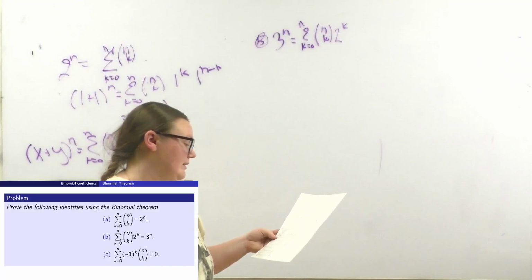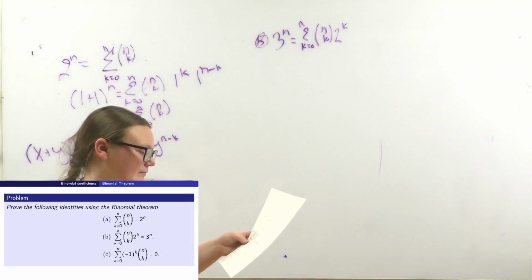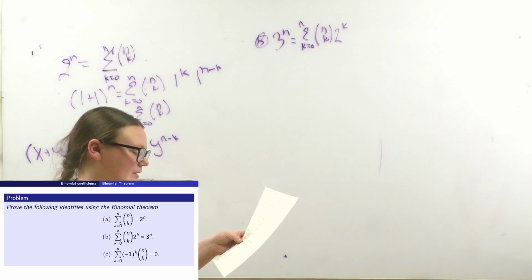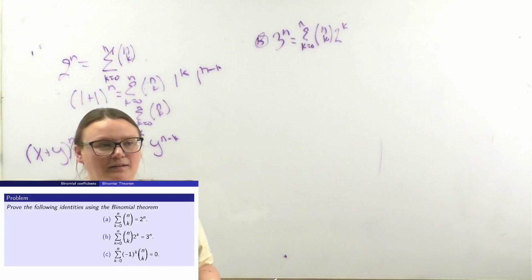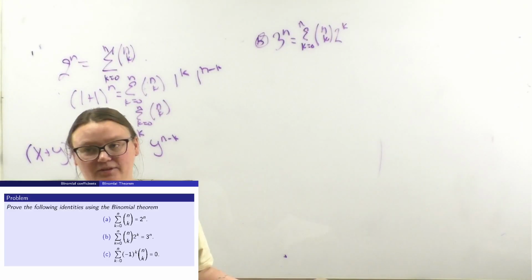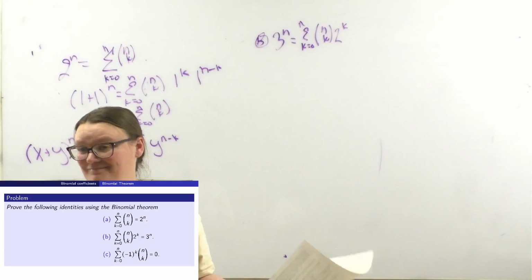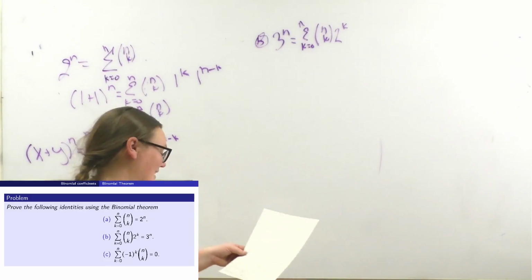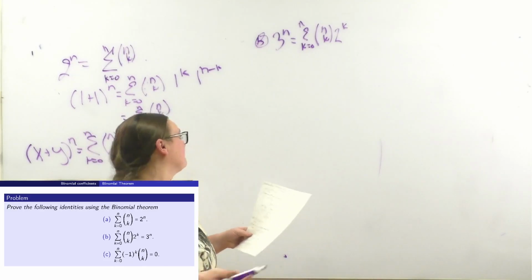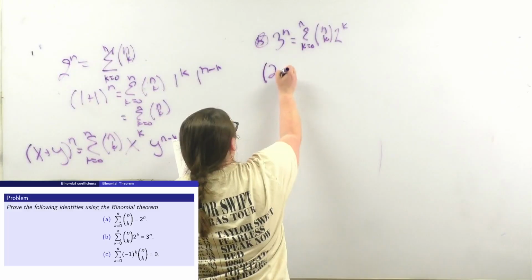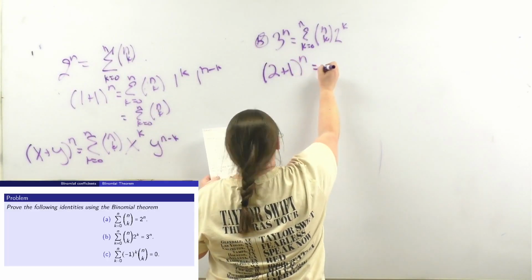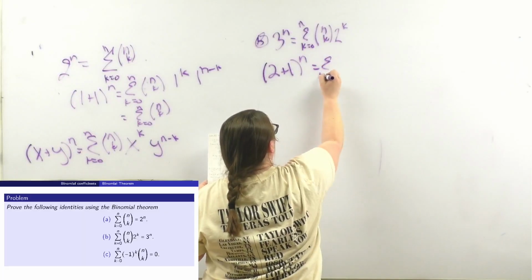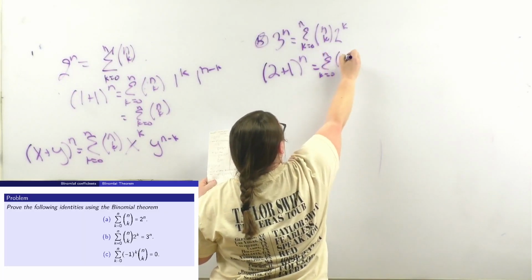So we rewrite, I'm lost. Yeah, so we rewrite 3 as a binomial. 2 plus 1. What if we did 1 plus 2? Yeah, we can do that. I think we should do 2 plus 1 though. Okay, so we do 2 plus 1 to the power of n is equal to the sum from k equals 0 to n of n choose k.